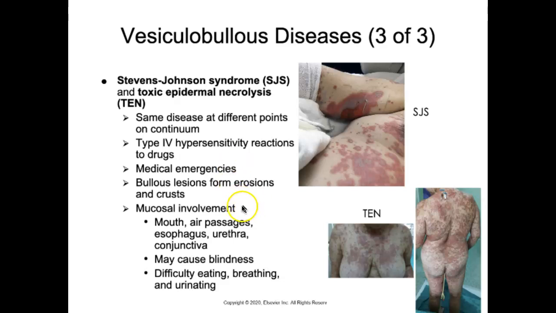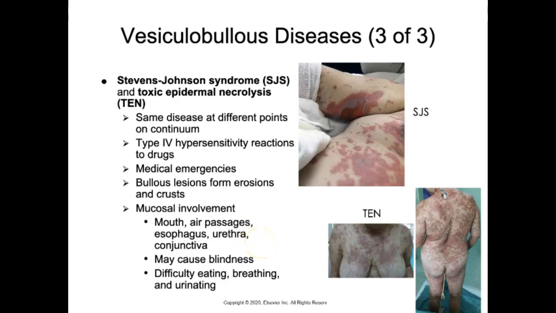As far as the mucous membranes that are affected, that includes the mouth, the air passages, the esophagus, urethra, and conjunctiva. Blindness is possible due to corneal ulcerations. They may also have difficulty eating and breathing and urinating because of the effect on those mucosal passages.